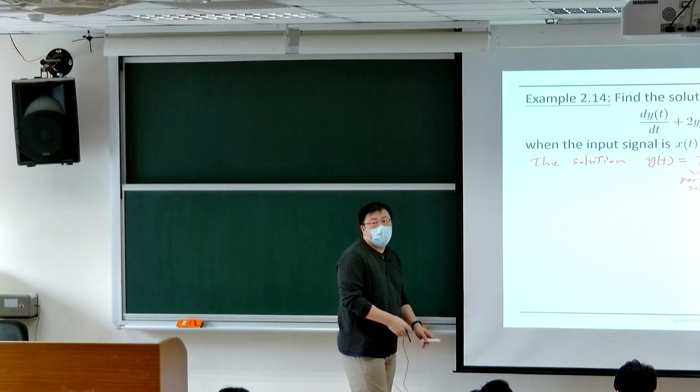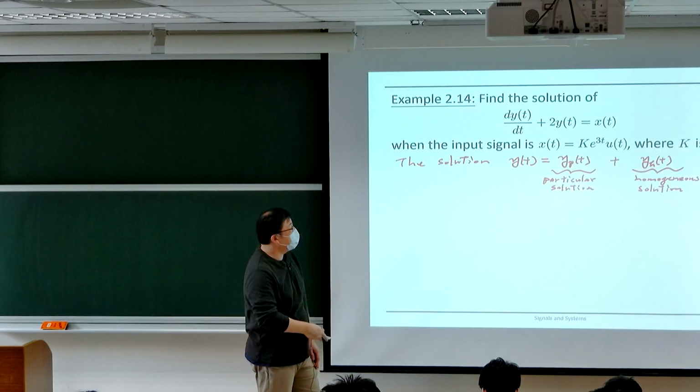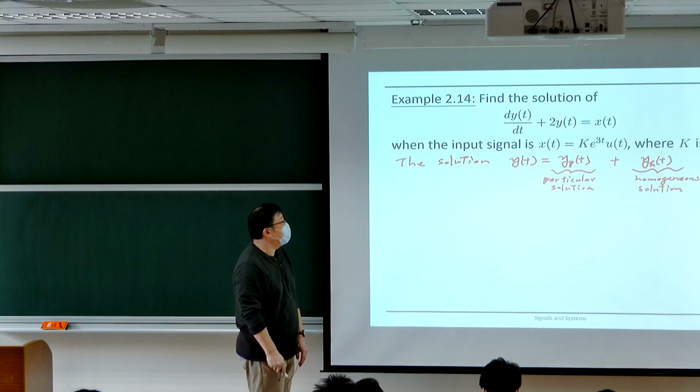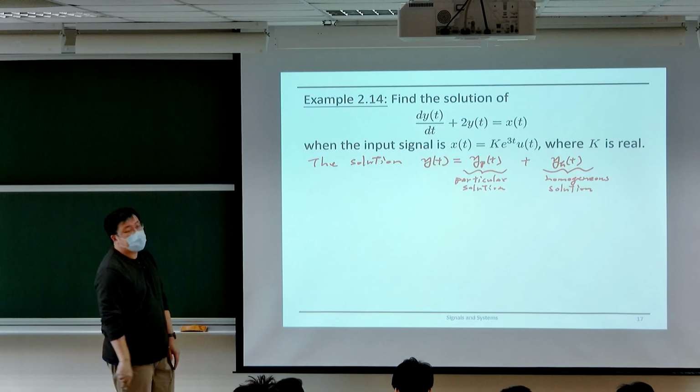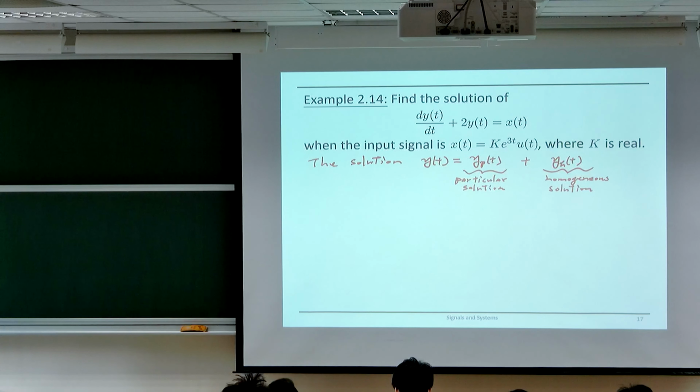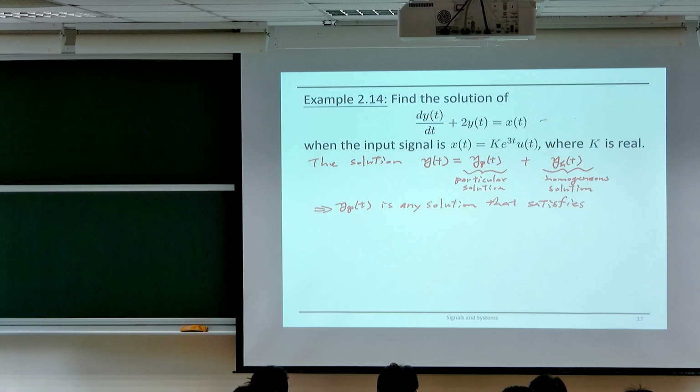Now, what do I mean by a particular solution, and what do I mean by a homogeneous solution? A particular solution is just any solution that satisfies this equation here. So y sub p of t is any solution that satisfies this equation.